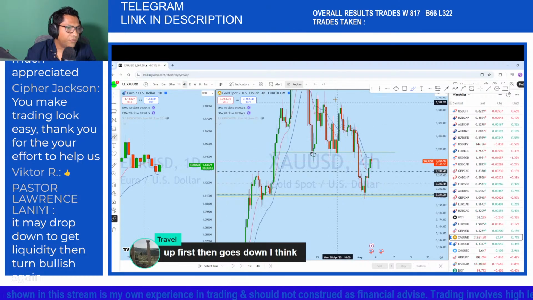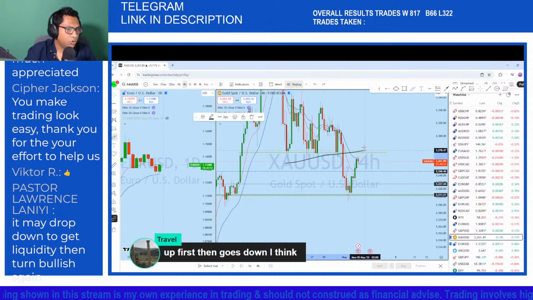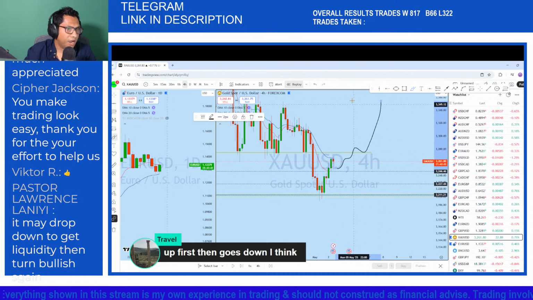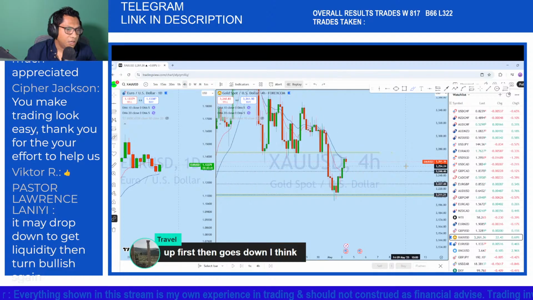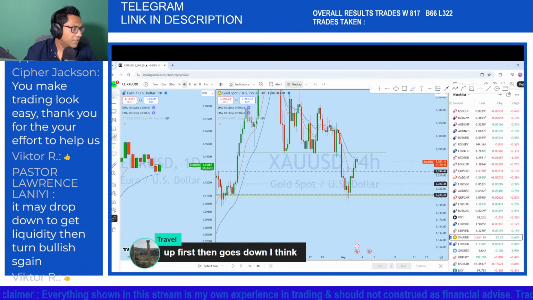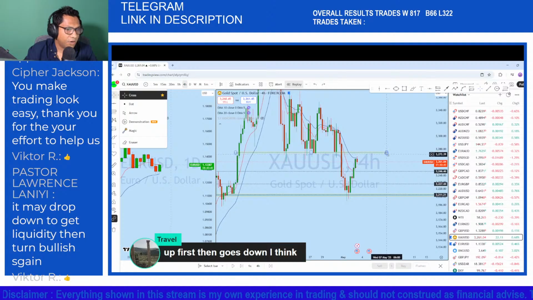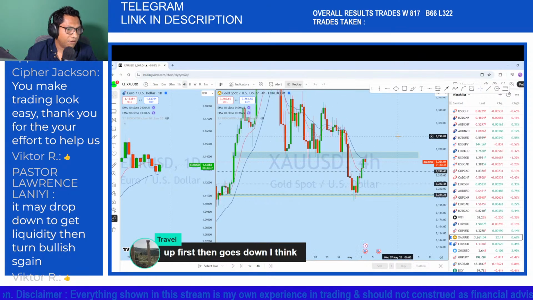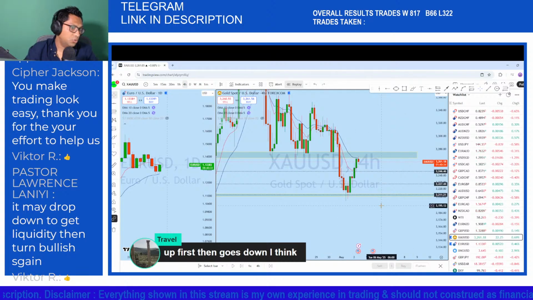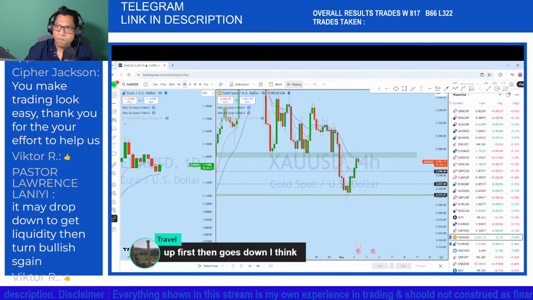Now if the market tests this support, we might potentially see an upside on XAUUSD, and that's what we're looking to see: for the market to retest and either bounce or revert back here.